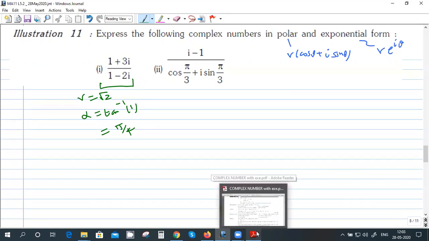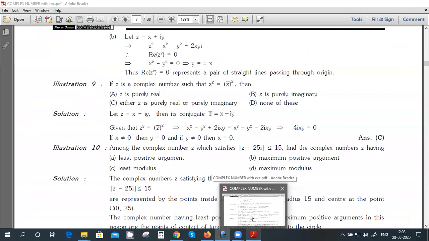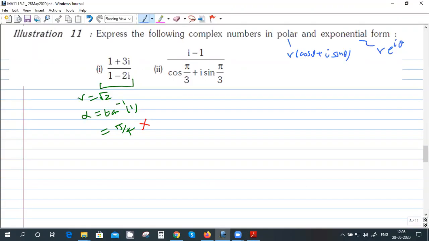Yeah, second one. I'm rationalizing this. So z is equal to √2 in second case also. Say r equal to root 2. Okay, r equal to √2. And angle, say beta, tan inverse (√3 plus 1) by (√3 minus 1).